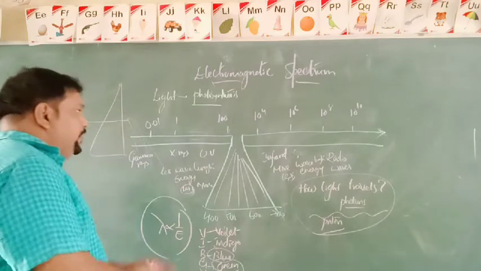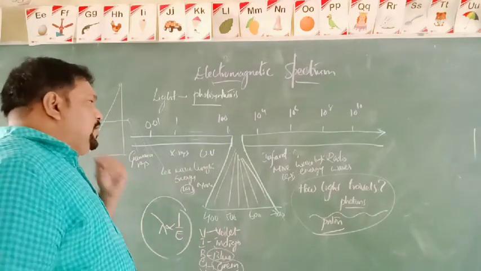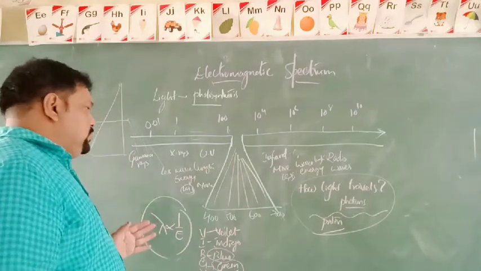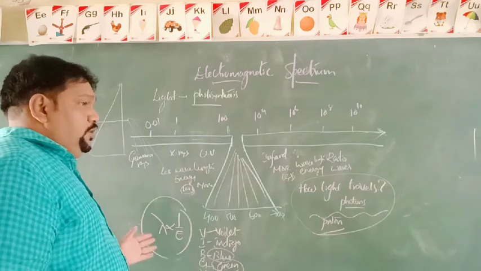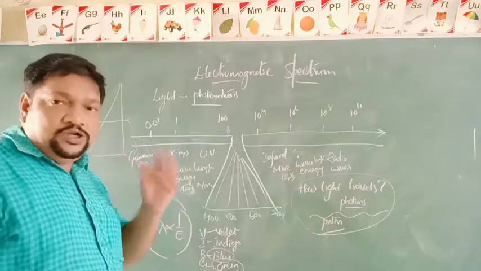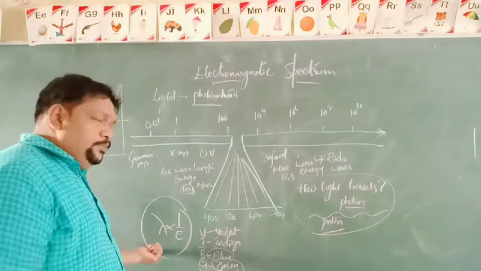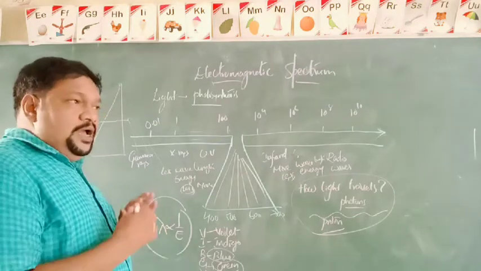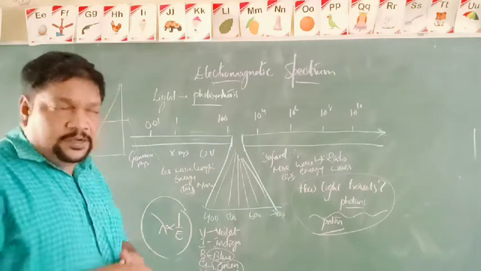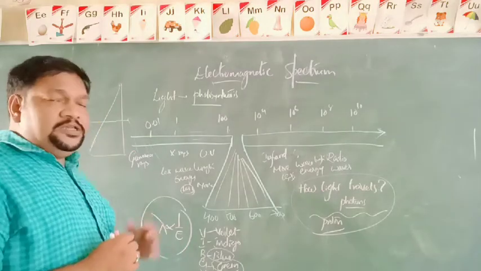Now my question is: what is the relation between the wavelength and energy of light? Inversely proportional. As the wavelength increases, energy decreases. As the wavelength decreases, energy increases.